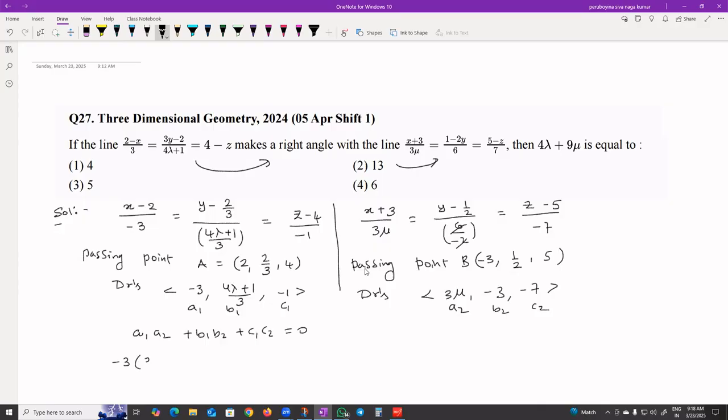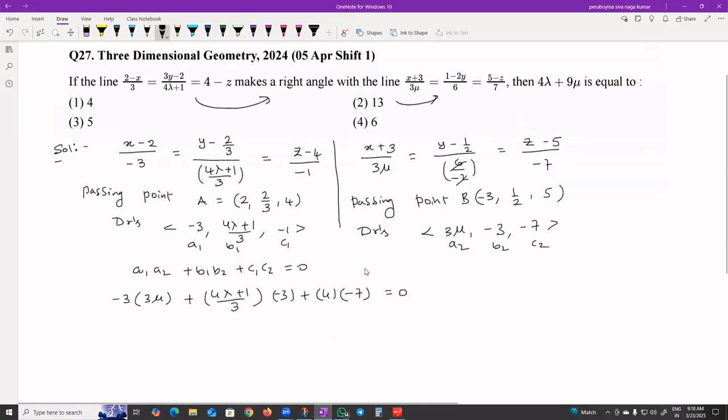So minus 3 into 3 mu plus 4 lambda plus 1 divided by 3 into minus 3 plus 4 into minus 7, it should be equal to 0. So this is minus 9 mu plus 4 lambda, and this 3 got cancelled.